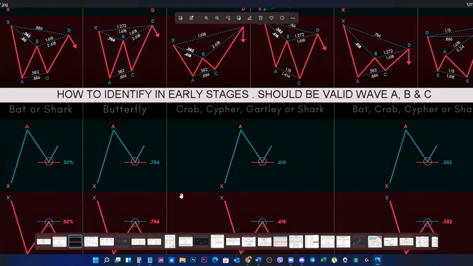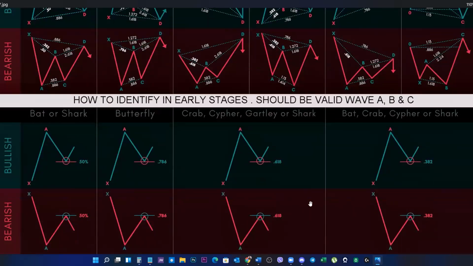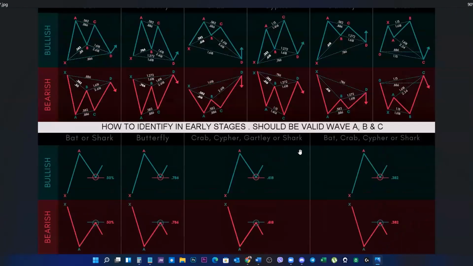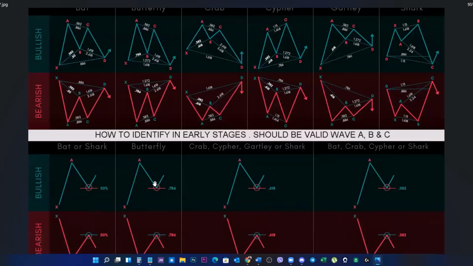So it's starting to form the letter M that I mentioned to you, or the letter W. Iyan lang dapat ang magiging price movement, guys, ng ating price action. Ngayon, kailangan mong sukatin yan. We have to measure now starting from point X to A to identify if this is a possible valid harmonic pattern. Okay, so how will we do that?